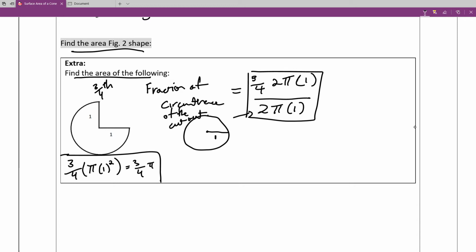Or the leftover. So this is a fraction of this circumference.